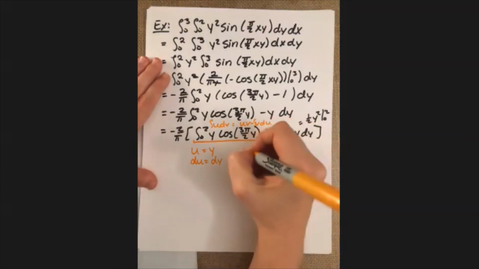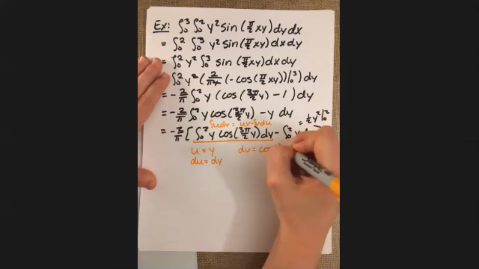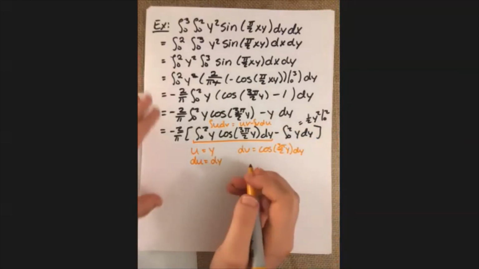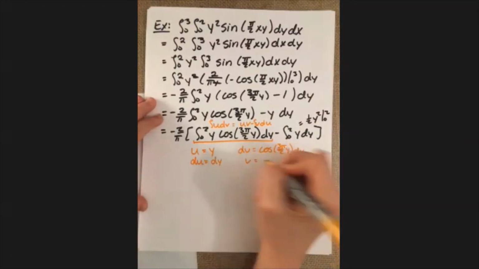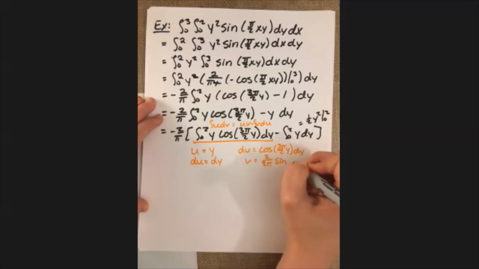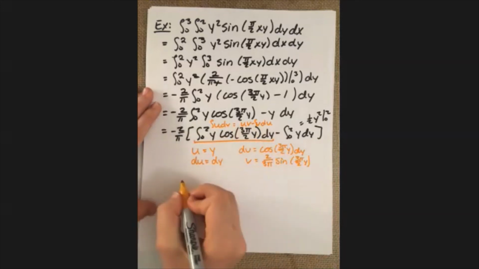And then dv is what's left over. So dv equals cosine of 3 pi over 2y dy. And then all I got to do is integrate both sides there, and I get v is equal to 2 over 3 pi sine of 3 pi over 2y. And then I just have to plug all these pieces into this expression right here.